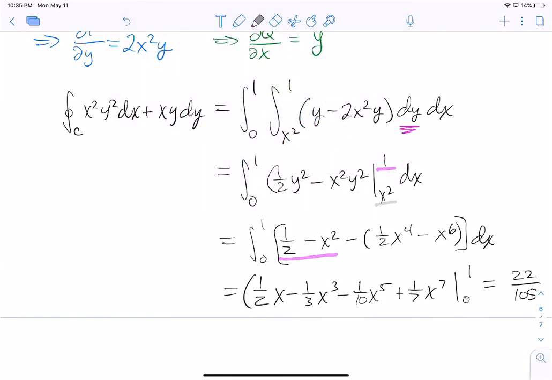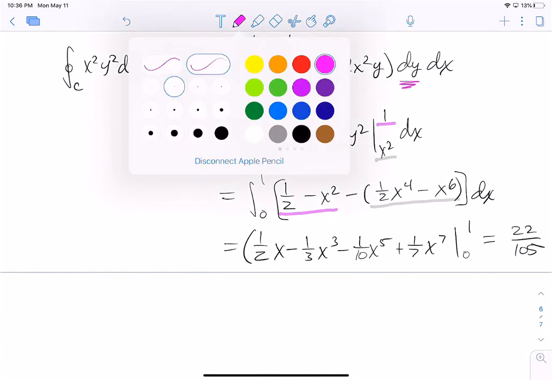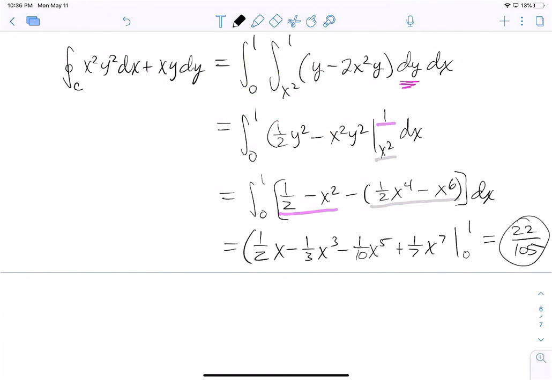Substituting x squared in place of y gives me 1/2 x to the 4th minus x to the 6th. Using the power rule, we get 1/2 x minus 1/3 x cubed minus 1/10 x to the 5th plus 1/7 x to the 7th evaluated from 0 to 1 for a result of, big surprise, same as before, 22 over 105.